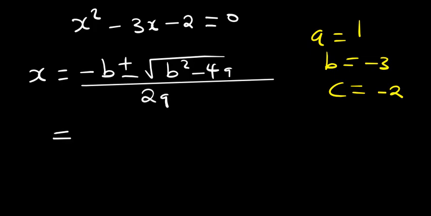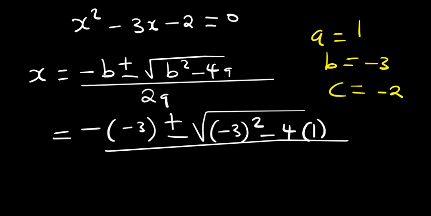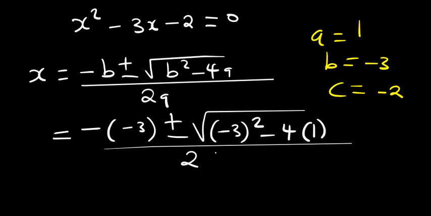Now how are we going to solve? b is negative 3, so I'm going to put my negative 3 there. Positive or minus the square root of b squared, that is negative 3 squared, then minus 4, our a is 1, and c is negative 2, over 2a, our a is 1.